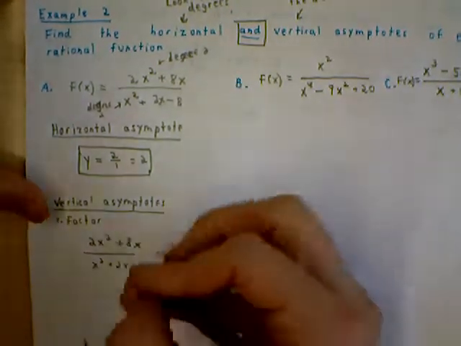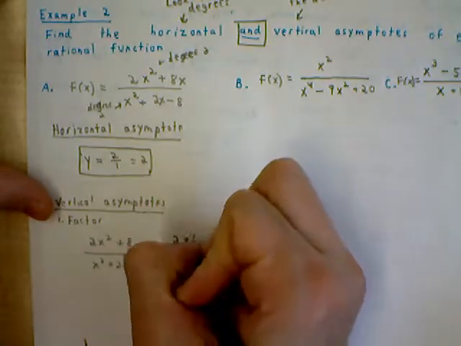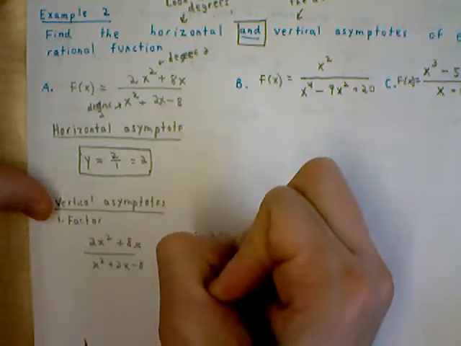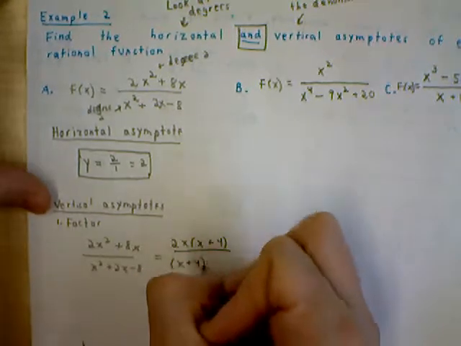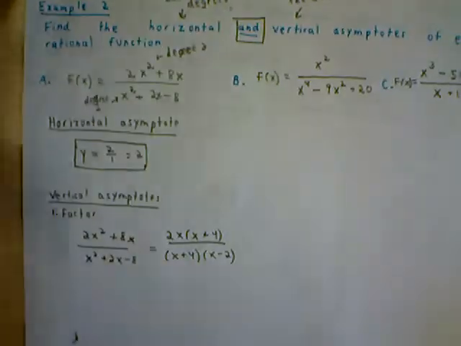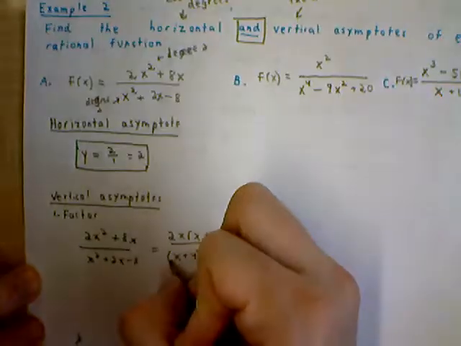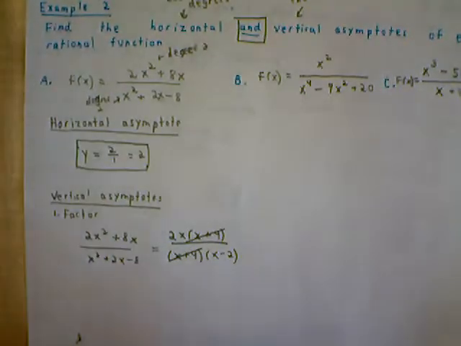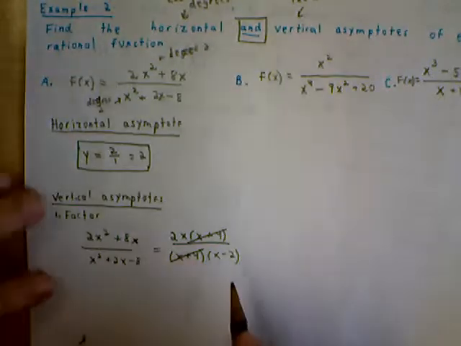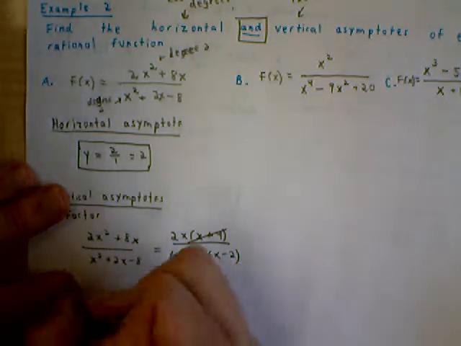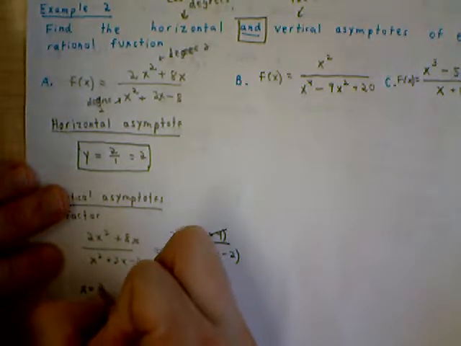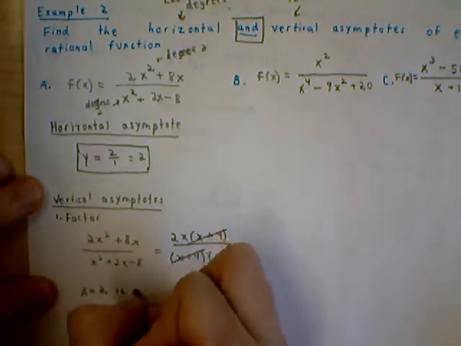Let's factor out a 2x in the numerator. I'm left with x plus 4. The denominator, I have x plus 4, x minus 2. I see a removable discontinuity right here, so I'm going to remove that discontinuity at negative 4. The only thing left in the denominator is x minus 2. What makes that 0 is 2, so x equals 2 is the vertical asymptote.